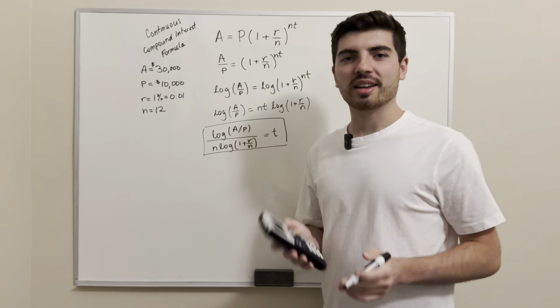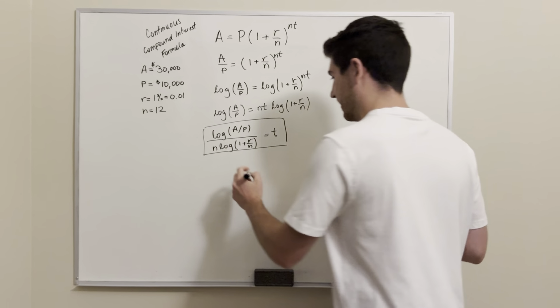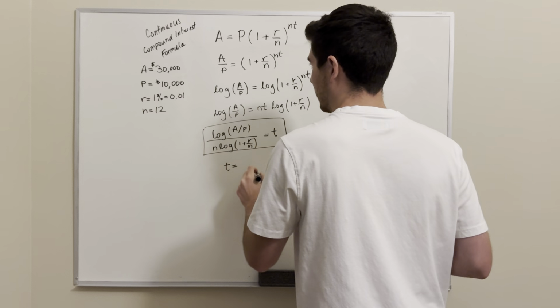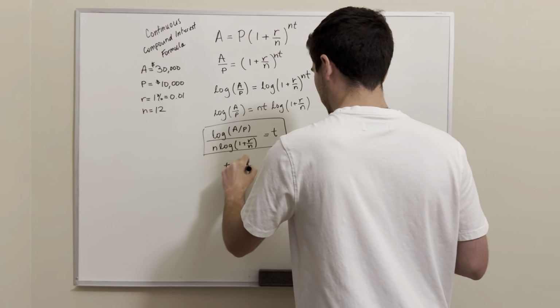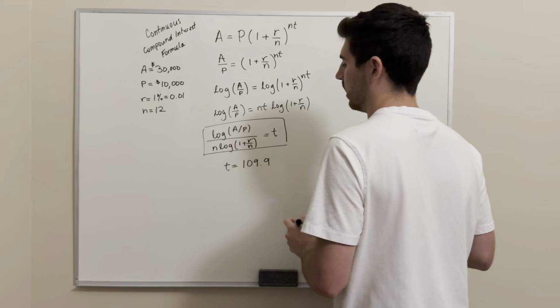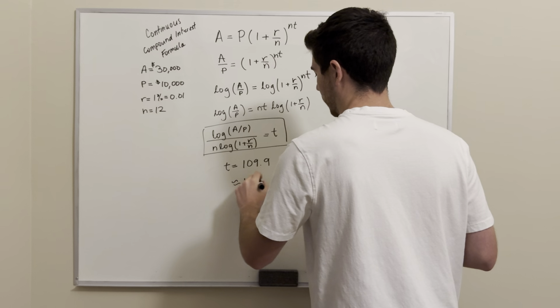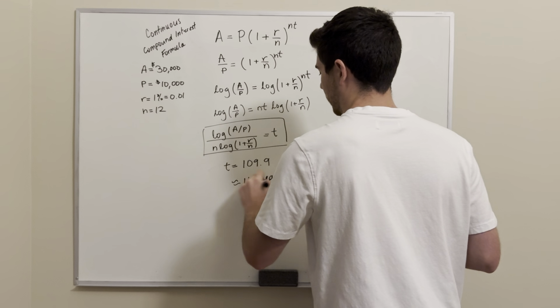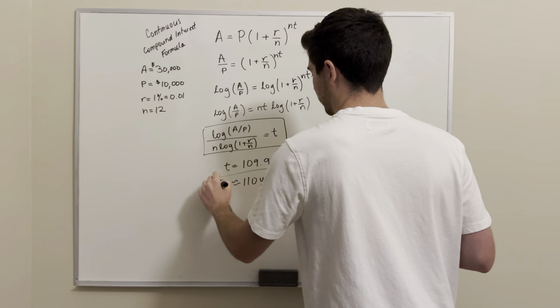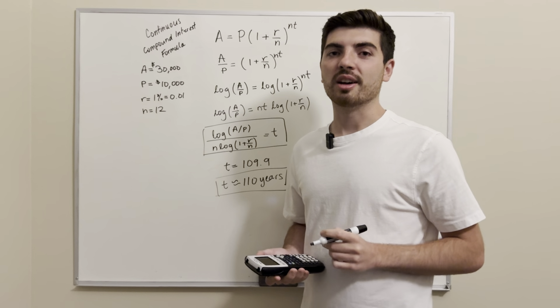Well, I've done the math in my calculator, and the answer is much bigger than you might think. T is equal to 109.9, or approximately 110 years. You might be better off investing your money elsewhere.